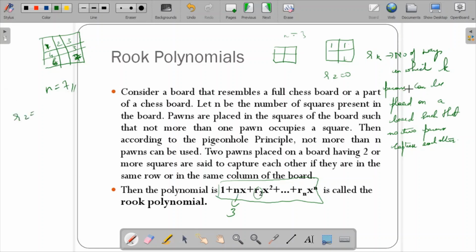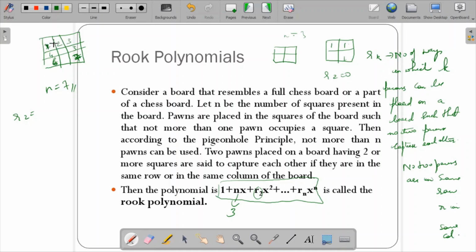R2 is the number of ways in which pawns can be placed on a board such that no two pawns capture each other. Meaning, no two pawns are in the same row or in the same column. When you find R2, you should select a pair in such a way that they are not in the same row and not in the same column.